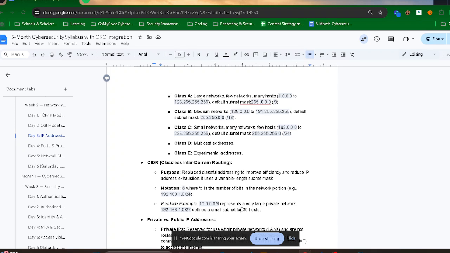You can see this one is /27, this one is /24, and this one is /25. Look at this notation, /27. What does it mean?